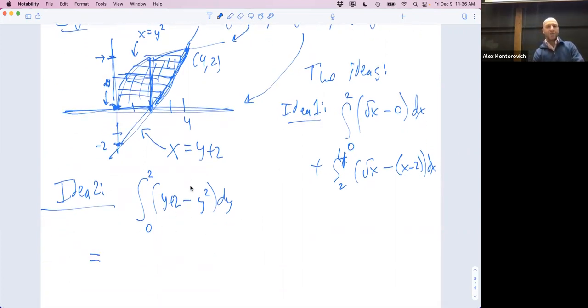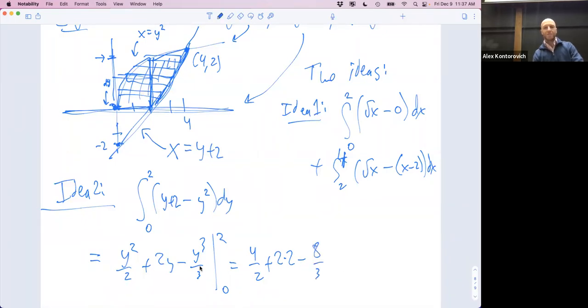The antiderivative of this thing is y squared over 2 plus 2y minus y cubed over 3, all evaluated from 0 to 2. When y is equal to 2, I get 4 over 2 plus 2 times 2 minus 2 cubed, which is 8 over 3, minus, what's the value when y is equal to 0? 0.